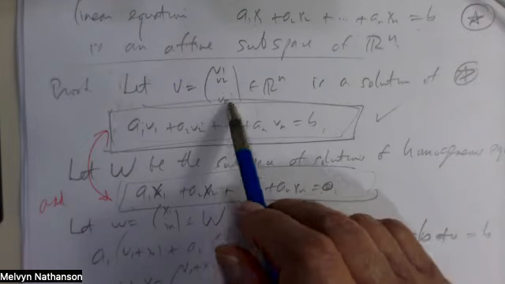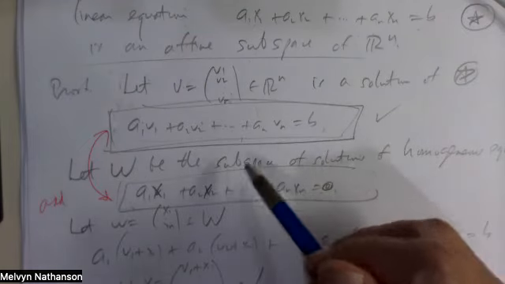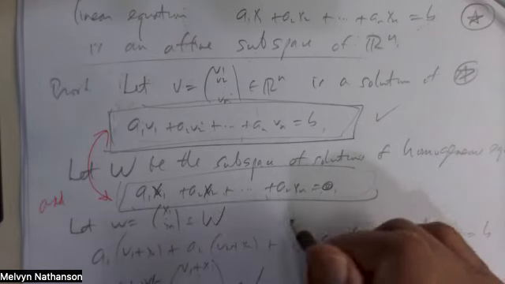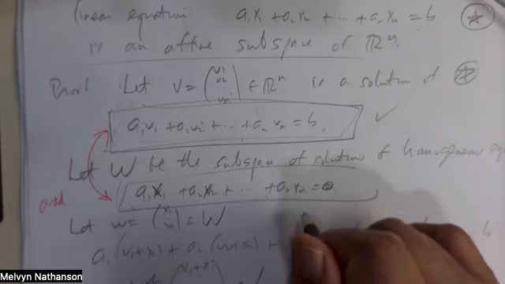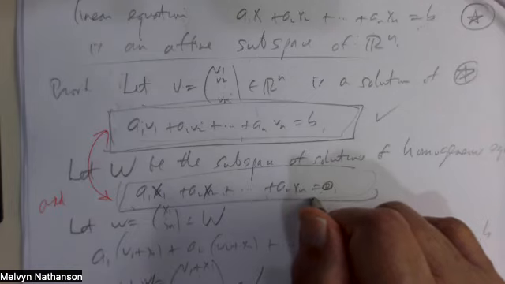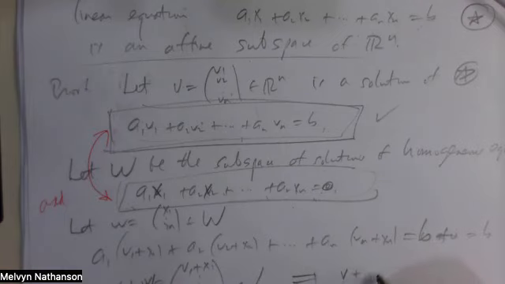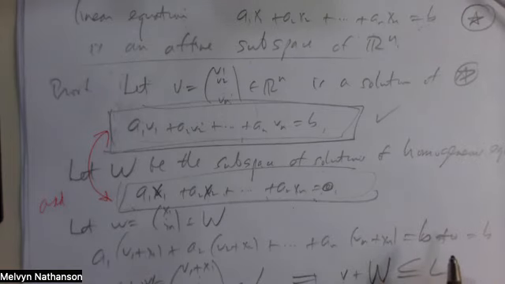If V is a particular solution of the inhomogeneous equation, and W is any solution of the homogeneous equation, then V plus W is in L. So if I take this particular solution of the inhomogeneous equation, and I add to it any solution of the homogeneous equation, I get a solution of the inhomogeneous equation. So V plus W is contained in L. Okay.